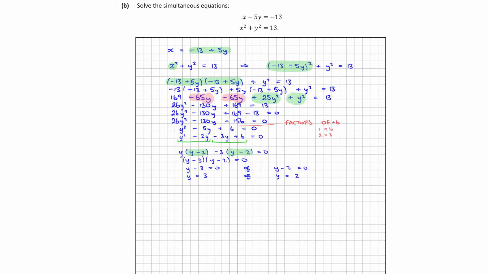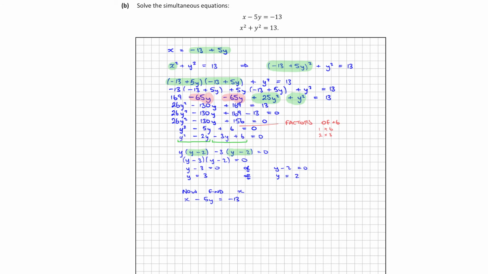So now I need to go and find my 2 x. So now find x. So what I'm going to do there is I'm going to take the original equation, which was x minus 5y is equal to minus 13. Okay, what I'm going to do now is I'm going to fill in the value that I just found.